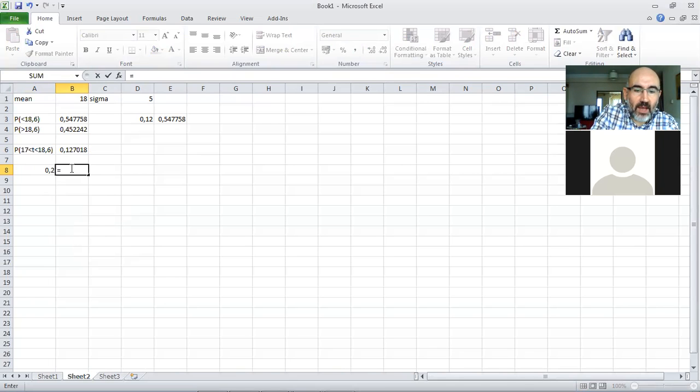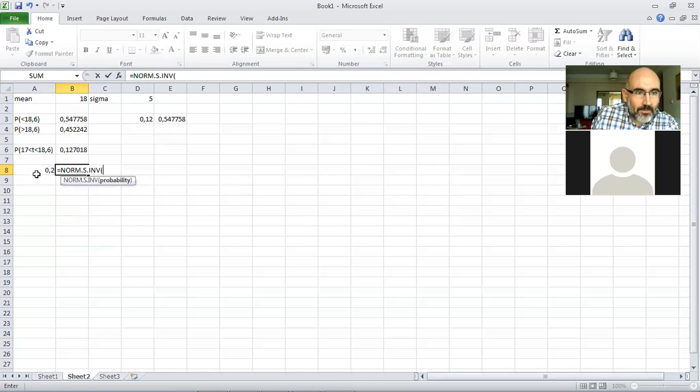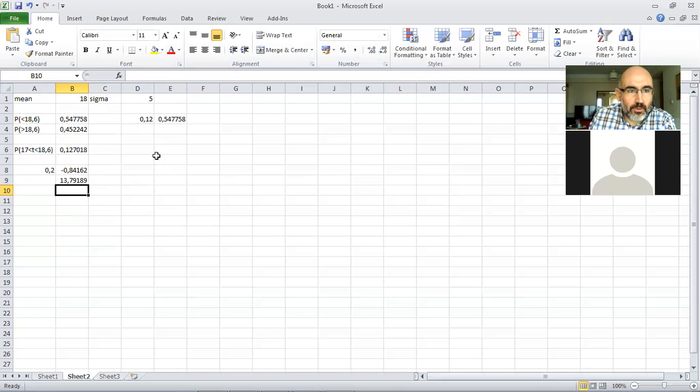Now we have to invoke norm.inv or norm.s.inv. Let me first use the standard one, taking the mean and using the standardization, but this time going backwards.